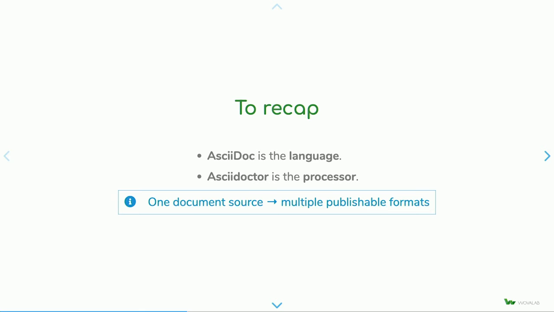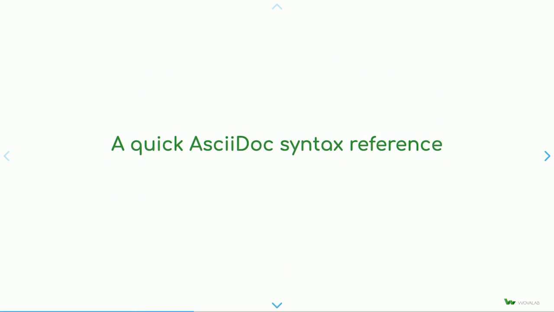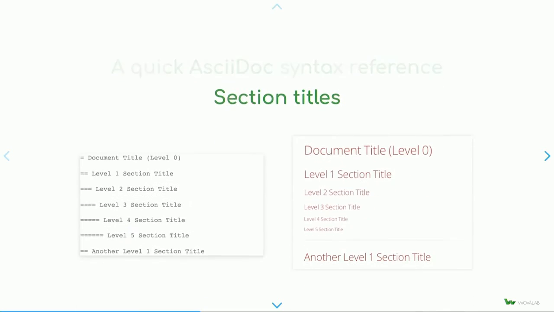So to recap, Asciidoc is the language, and Asciidoctor is the processor. So with one document source, you can get multiple publishable formats. Now I want to quickly dive into the syntax just to show you how it looks.